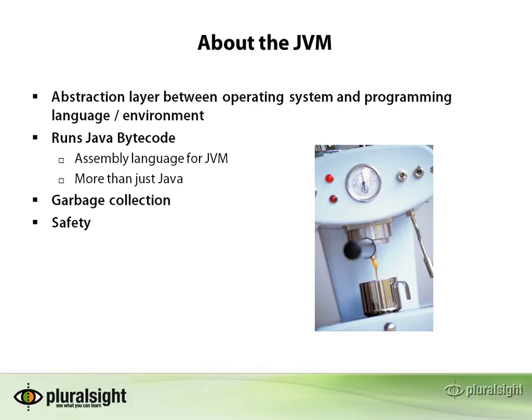Things that are running inside the JVM are sandboxed. They have that safety because the JVM's enforcing that safety. Whereas if you're running just a native program, there's nothing to stop you from overwriting some memory location that doesn't belong to you, unless the operating system itself has that control. But inside the JVM, you're guaranteeing that safety.